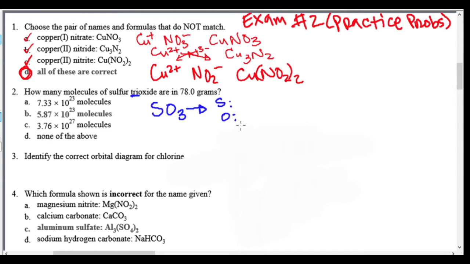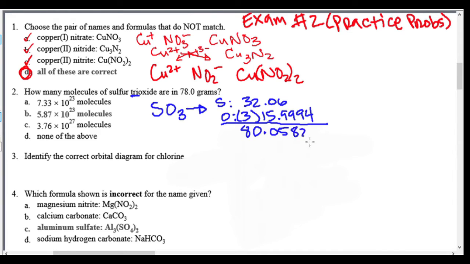According to my periodic table, sulfur is 32.06 grams per mole, and oxygen is 15.9994 grams per mole. Remember to multiply this by 3, and then add it to the sulfur. That'll give you a molar mass of 80.0582 grams per mole.